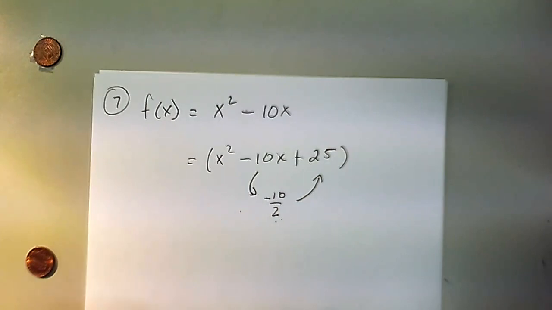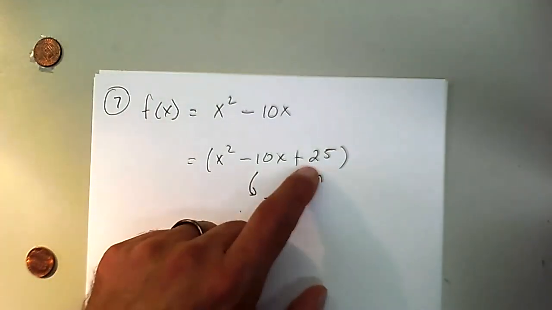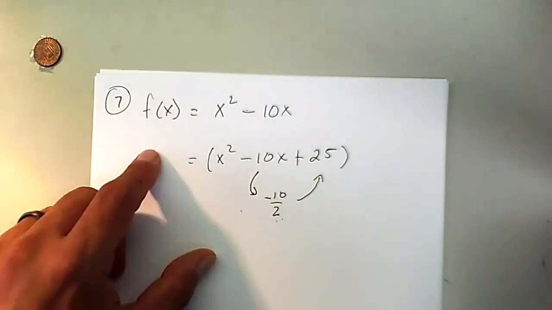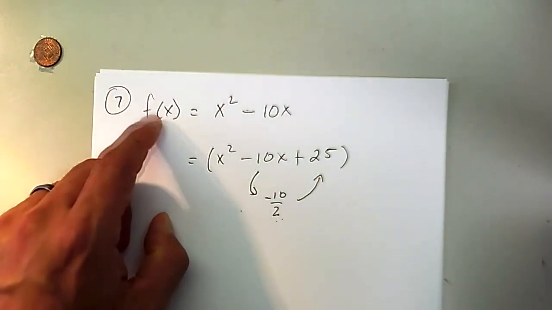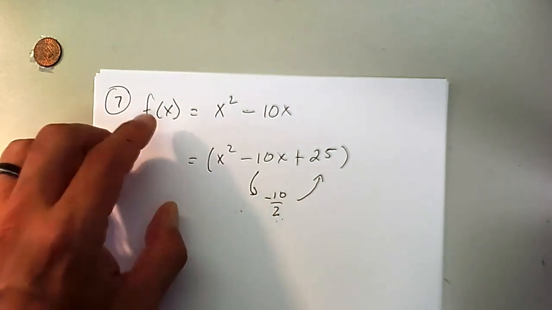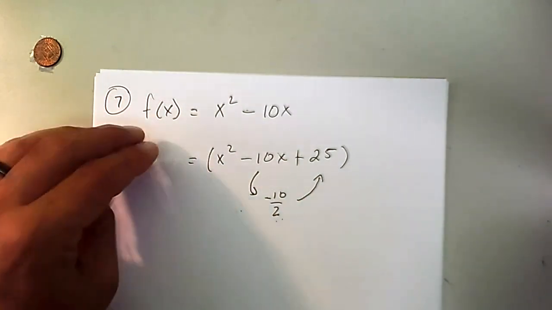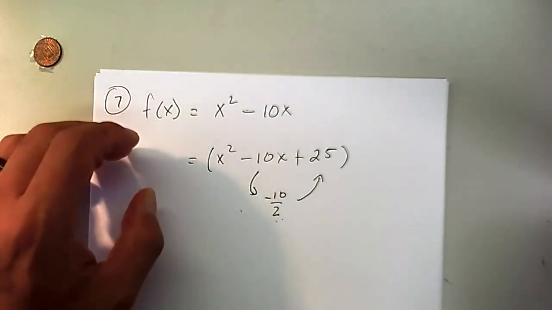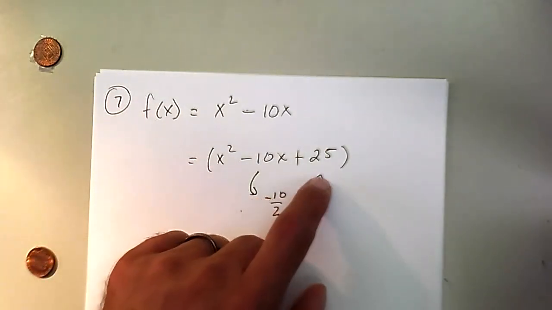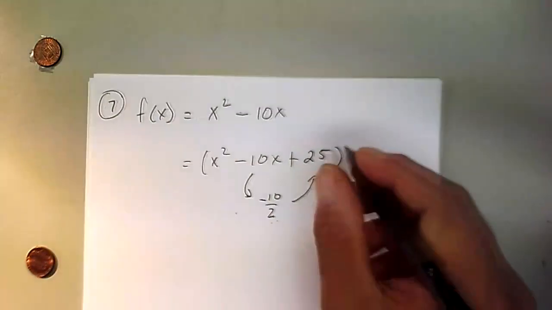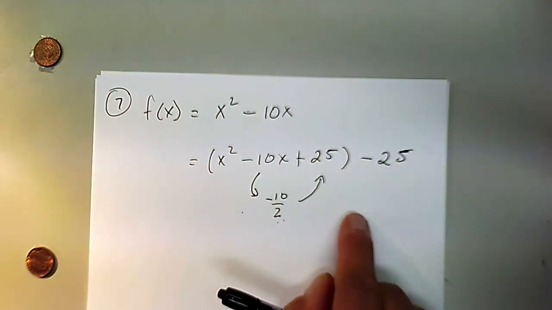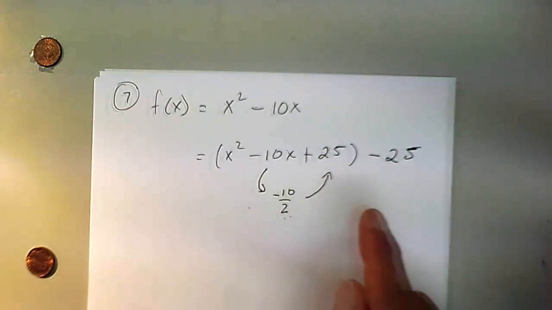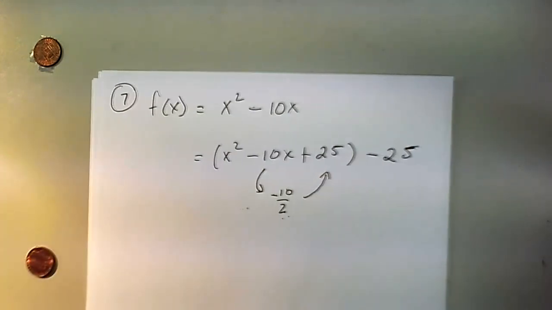Now, when we were doing circles, if we added 25 on one side of the equation, then we added 25 on the other side of the equation. But we don't want to change the function. We want to still have just the f of x on one side of the equation. So when we add the 25, what we have to do is subtract the 25 on the same side of the equation. And that does not change anything. We're adding and then subtracting in the same line.